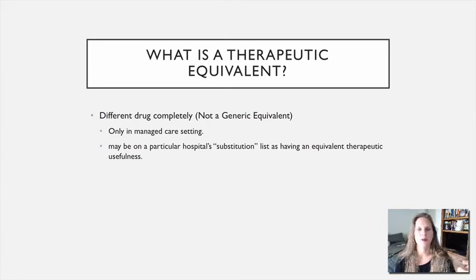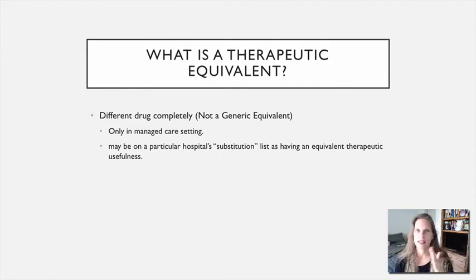With the therapeutic equivalent, the antibiotic that's been selected might not be on the formulary, but they have another drug or drugs on their formulary for the same therapeutic use. And so the therapeutic equivalent can be substituted for the original drug that was prescribed if it's deemed to be a therapeutic equivalent.